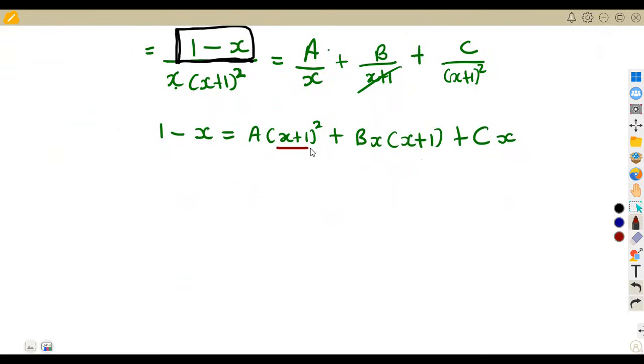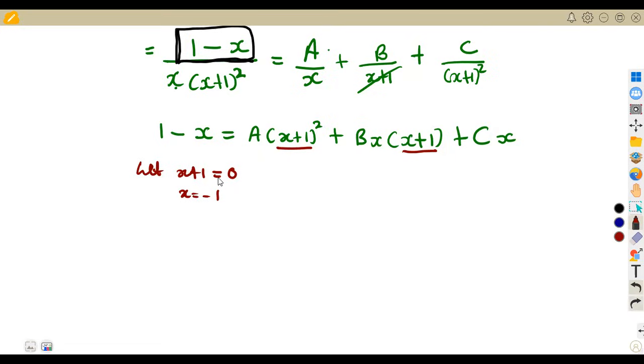So we can work with these brackets if we let that bracket of x plus 1 be equal to 0. It means x will be equal to minus 1. If you move the 1 to the other side, it becomes a negative. At a condition where x plus 1 is 0, we have eliminated everything, because anything multiplied by a 0 gives us a 0.